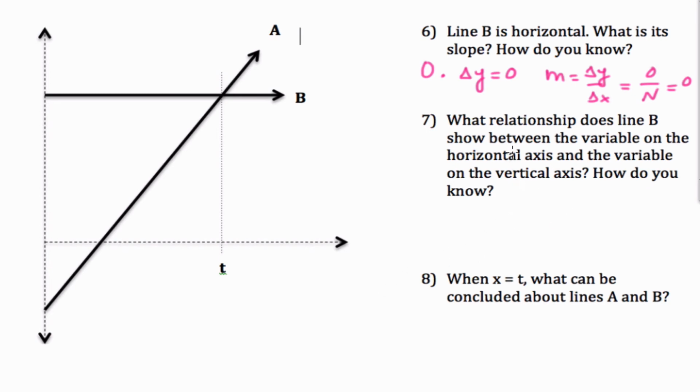Number 7, what relationship does line B show between the variable on the horizontal axis and the variable on the vertical axis? So this is saying as I change whatever this variable is on the horizontal axis, what happens to the values along the vertical axis? And there is no relationship.